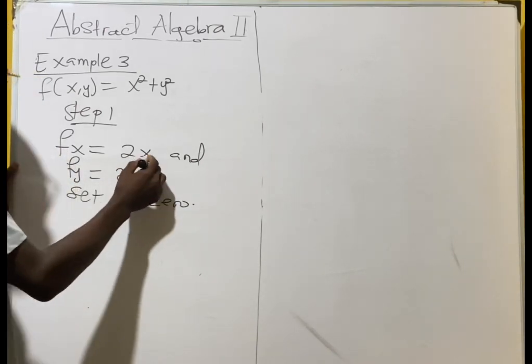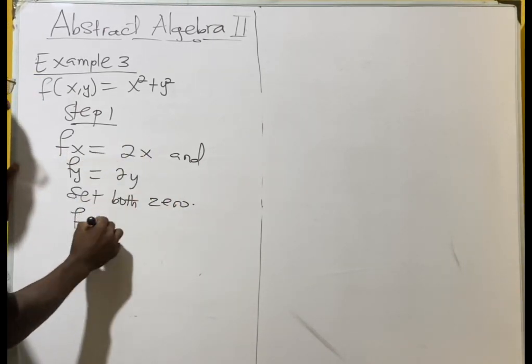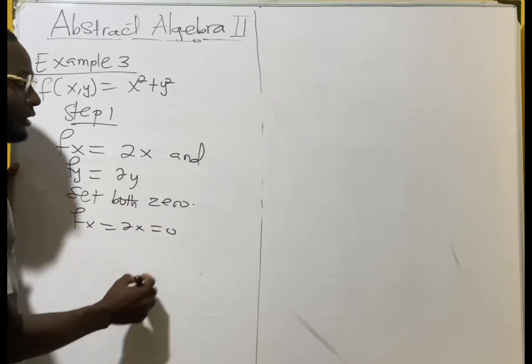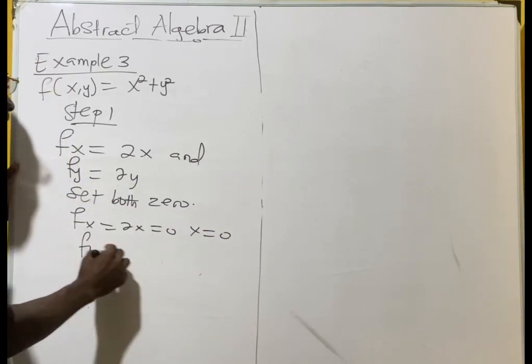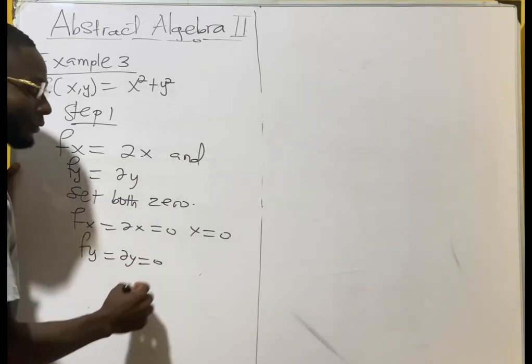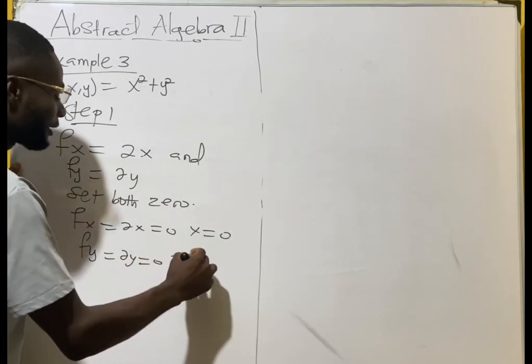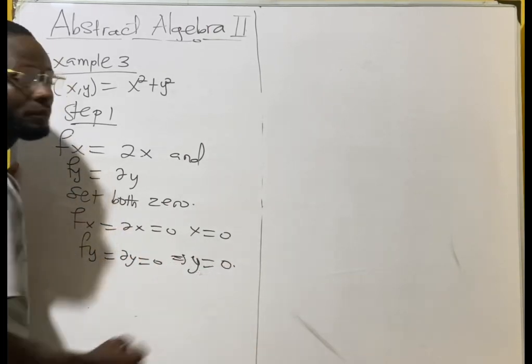So if you set both to 0, meaning that fx is equal to 2x is equal to 0. So meaning x is 0. Set fy equals 2y equals 0. This implies that y is equal to 0.